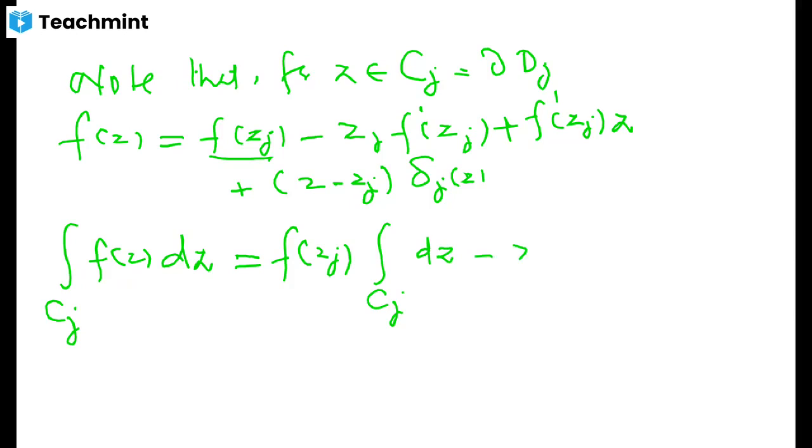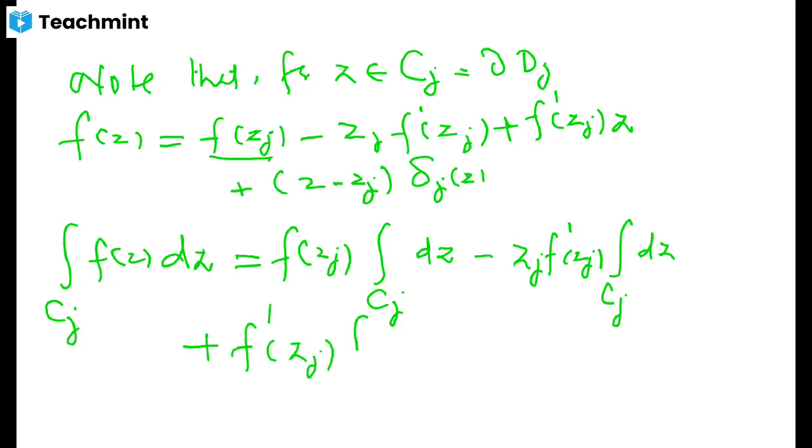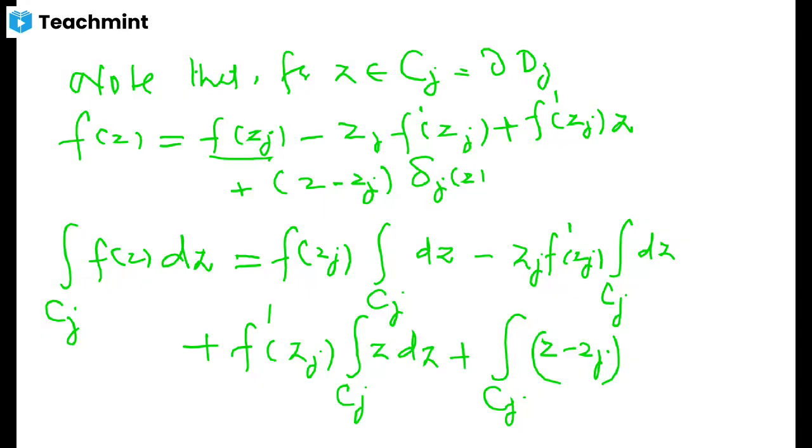Minus z_j comes out, with the derivative of f at z_j also outside the integral of dz over Cj. Plus the other thing where you bring out the constant, derivative of f at z_j. z is now a variable, integral of z dz over Cj, plus the integral over Cj of (z minus z_j) Δj(z) dz.